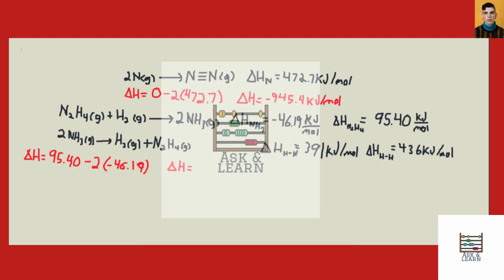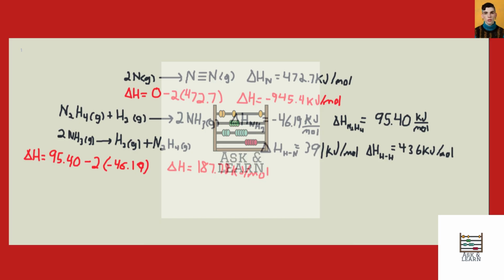Now we're going to plug this into our calculator and get 187.78 kilojoules per mole. Now, we're going to estimate the strength of that NN bond.